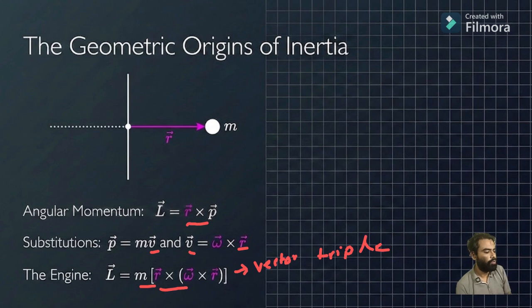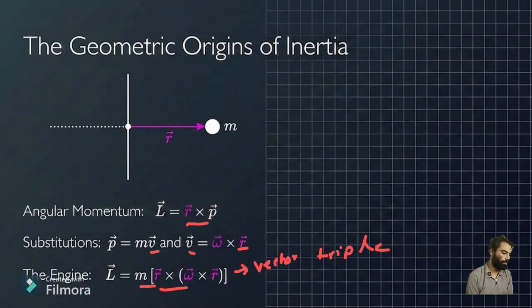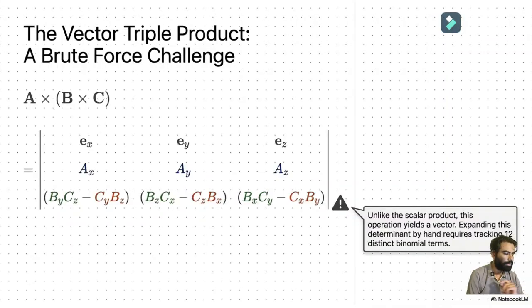Once we know how to solve the vector triple product, you can find some more precise formulas, and you can find the formula that you already know. Here is the vector triple product.